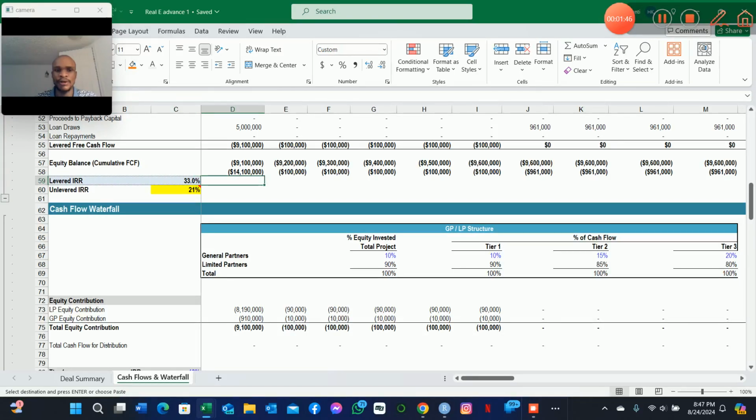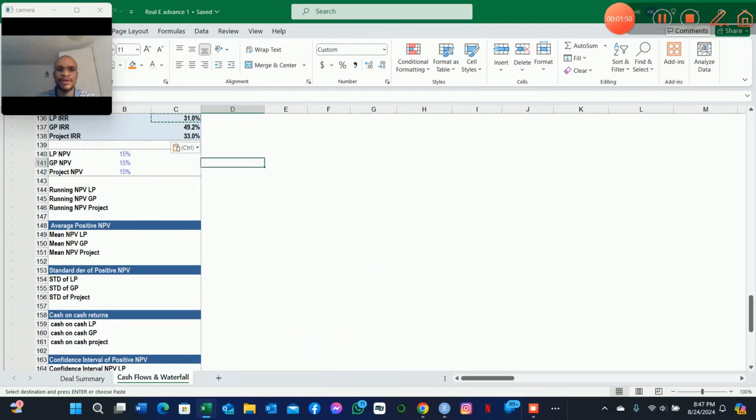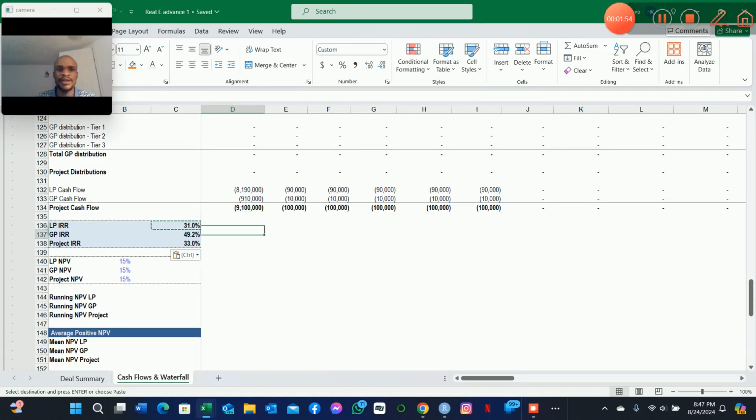So this tells us how these partners, the general partners, will undertake this real estate development project for incentive reasons because of the structure that is accorded to them for disproportional returns.